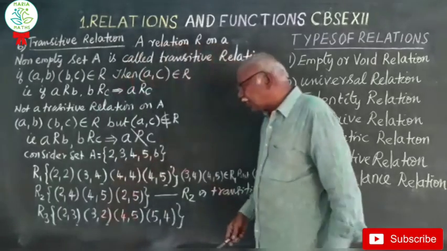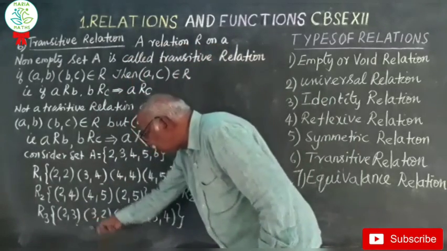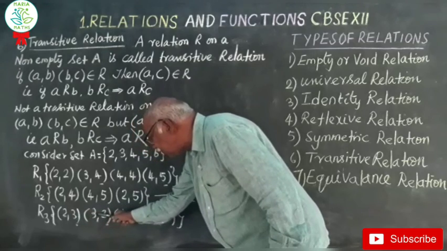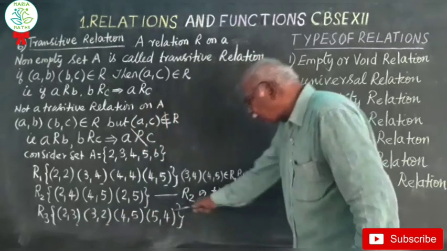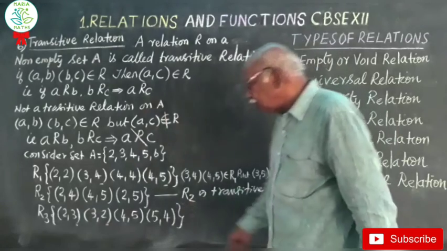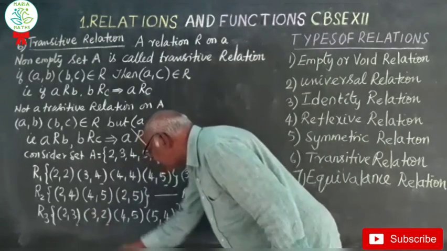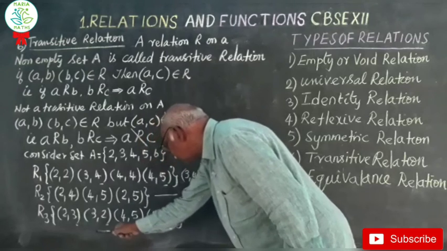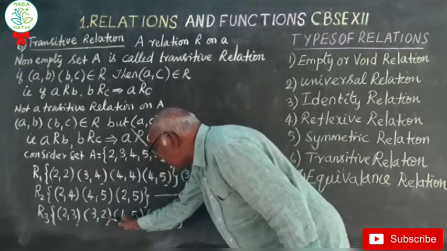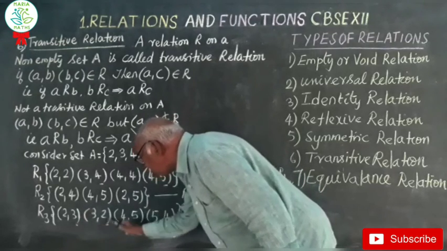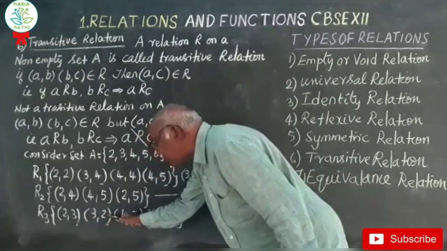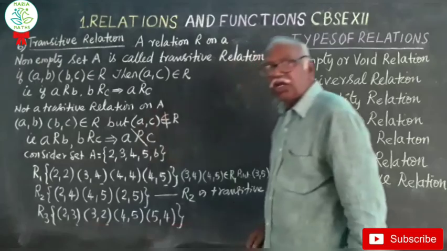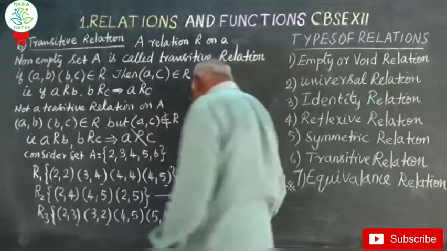Now consider the relation R3 = {(2, 3), (3, 2), (4, 5), (5, 4)}. See, (2, 3) is there, (3, 2) is also there, but (2, 2) is not there. Therefore, it is not transitive.